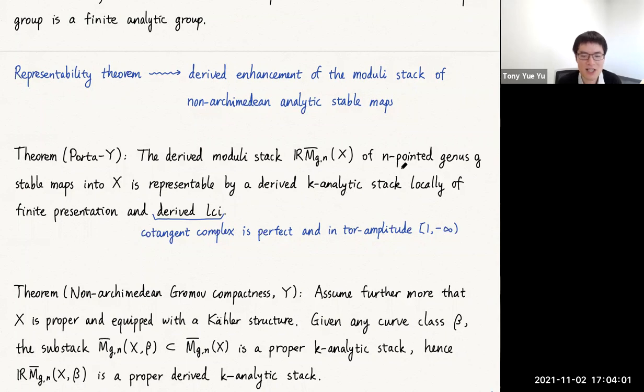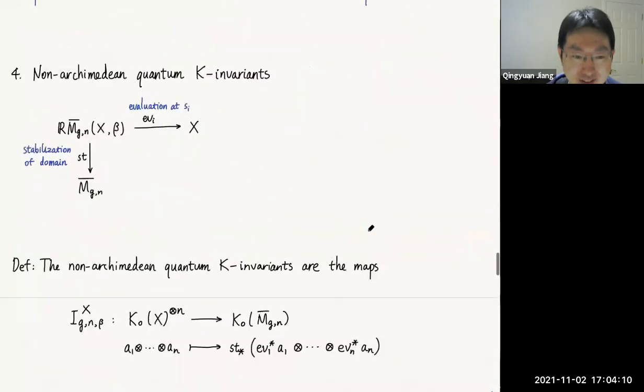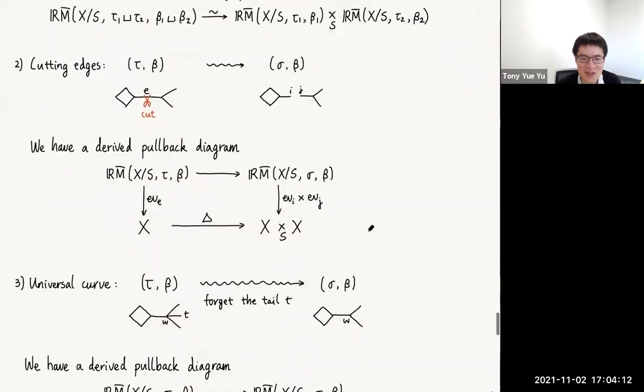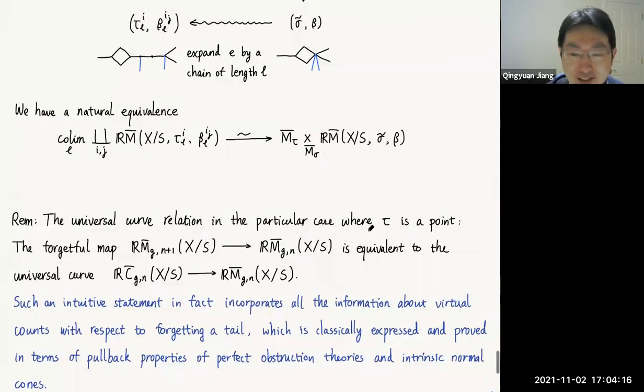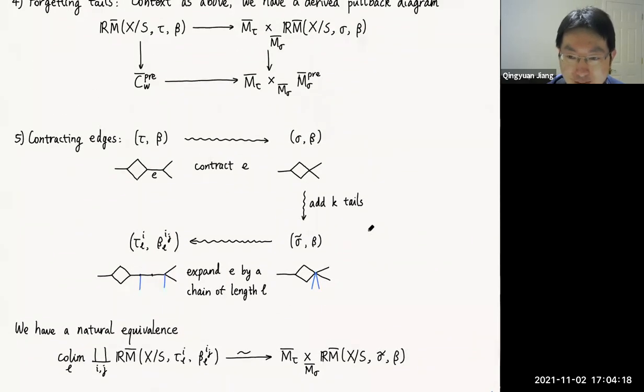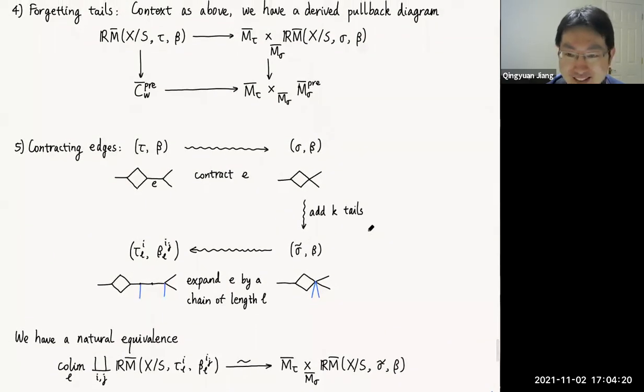But not, I mean, stack, not space. Yeah, you are right, it already allows a little bit of automorphisms. I see. Like in the representability theorem you state, the underlying space is analytic. Yeah, somehow this amount of automorphism is completely determined by the underlying one.